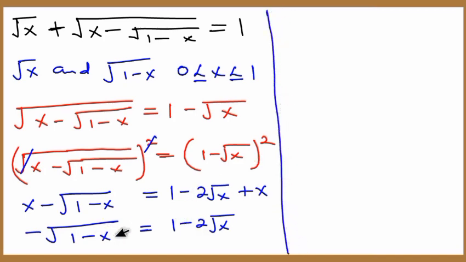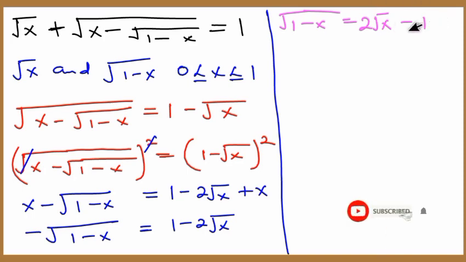So what I have to do next is to eliminate this negative sign. Eliminating this one affects the right hand side. So I'll have root of 1 minus x equals, this one becomes positive, that's 2 root of x minus 1.